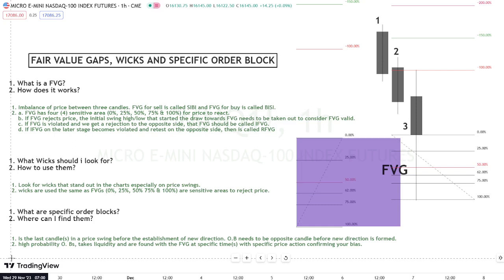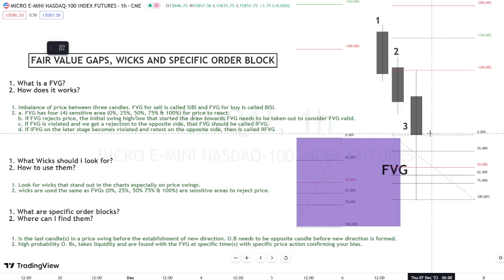And then a high probability order block, where can I find them? High probability order blocks take liquidity and are found with the fair value gap at specific areas with a specific price action confirming your bias. What it means, guys, is we're going to spend more time than we initially expected.